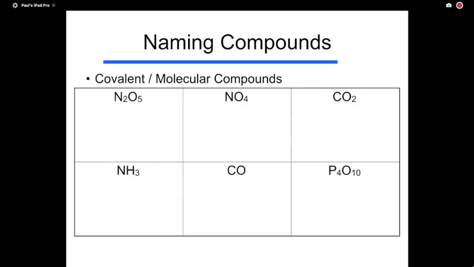So this first one, I have nitrogen first, but I have 2 of them. So what is the prefix I use? Dinitrogen. And then the last one is oxygen, but it becomes, not oxygen, becomes pentaoxide.